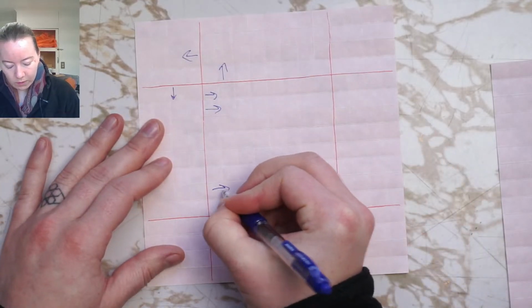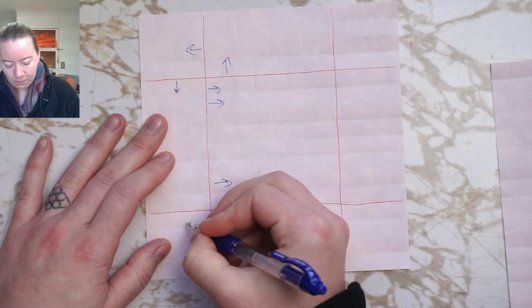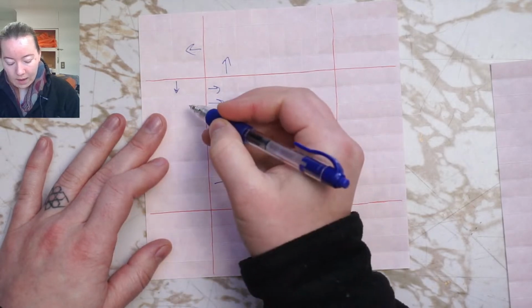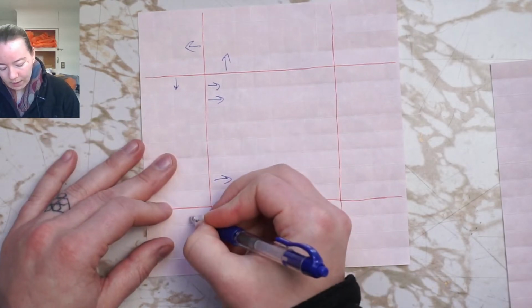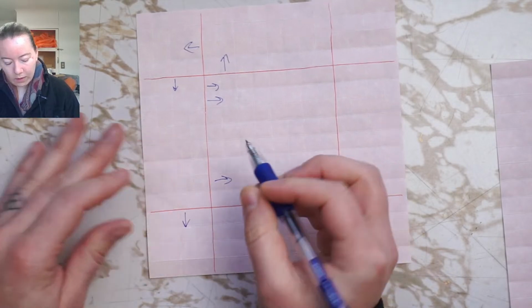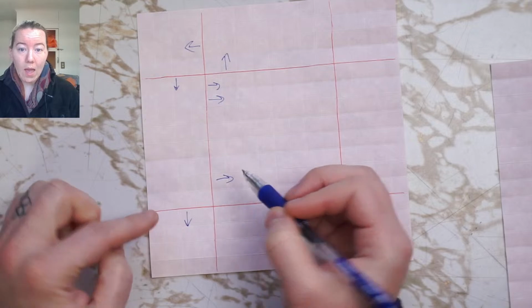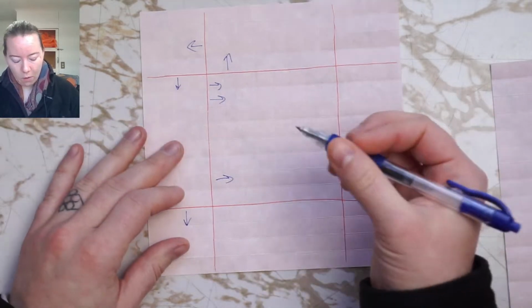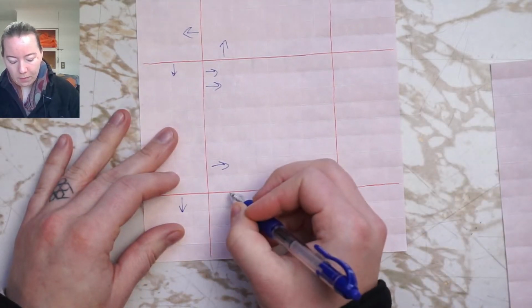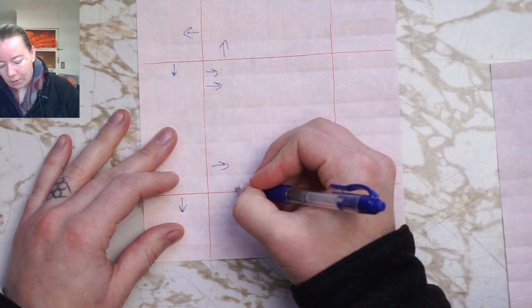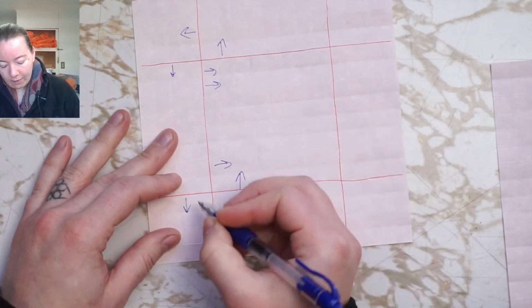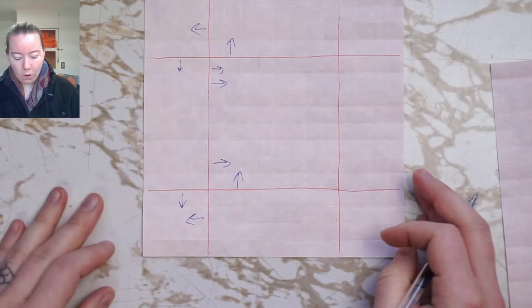So I'm going to take this one and say this one's out this way, and this one, let's say that is one of our spaces that are moving away from each other. Now we have options here. This bottom part, I'm going to choose to have it also go away.